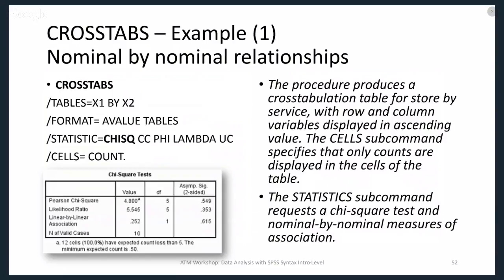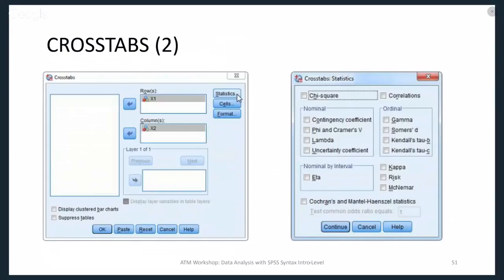I strongly recommend that you not just play around with this syntax. Click those drop-down menu buttons and, with the point-and-click method, generate the command statement, and then start to modify that command statement. Make that one your baseline.